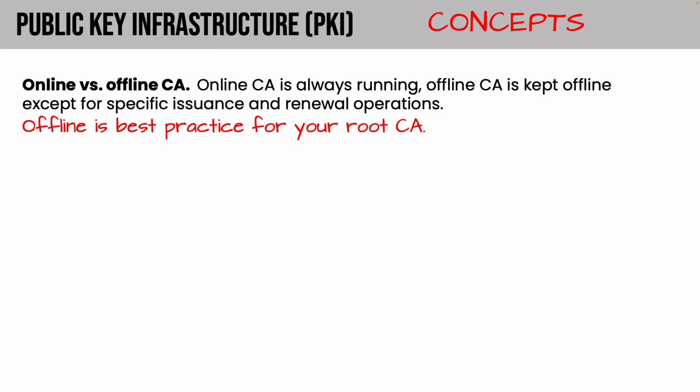Your intermediate CAs don't necessarily need to all be online day-to-day as well. Your issuing CA, of course, is the one that's doing the heavy day-to-day lifting, so the issuing CA is always going to be online. Your root CA is typically going to be offline, except when we renew certificates, such as for our issuing certificate authority, when it gets more than halfway past its lifespan.